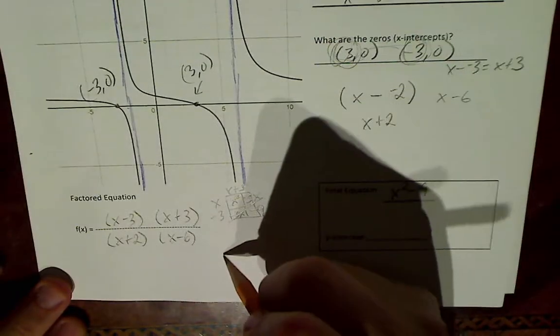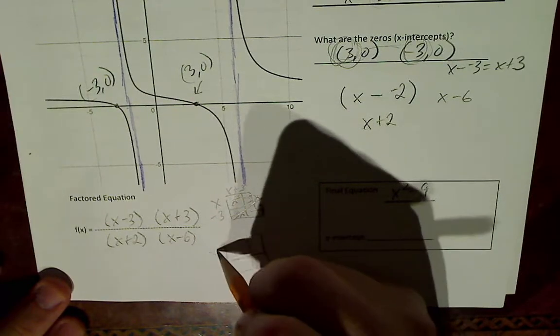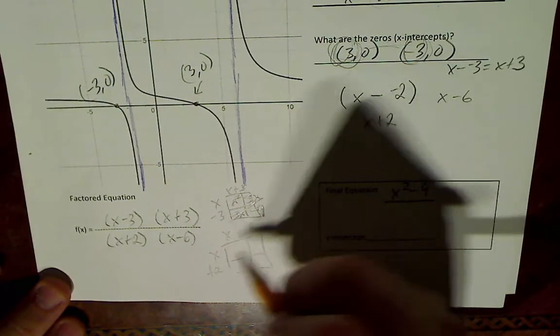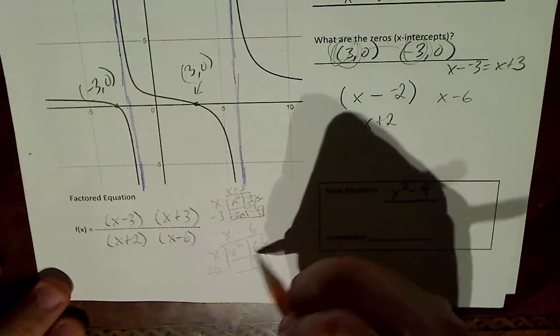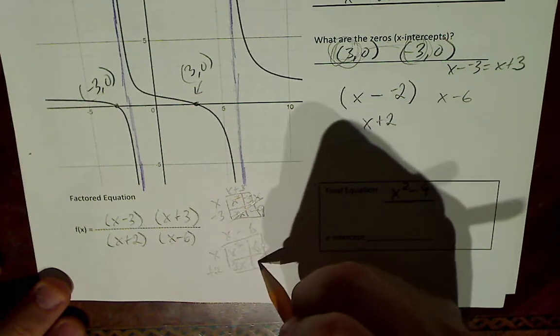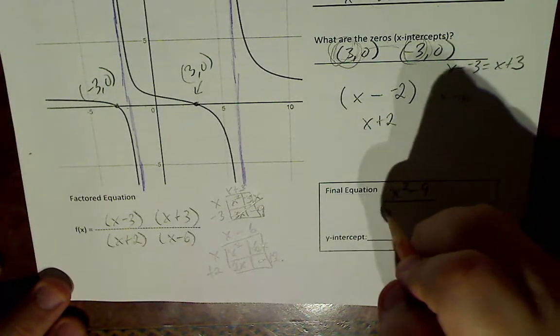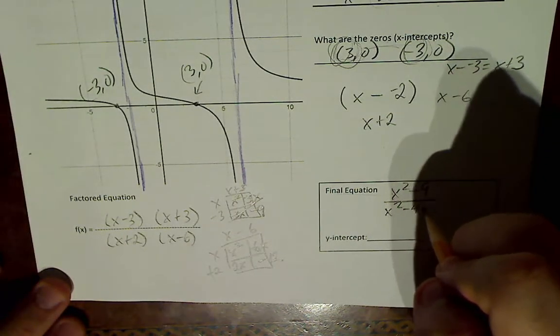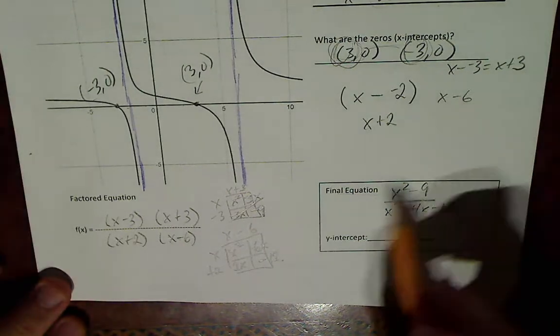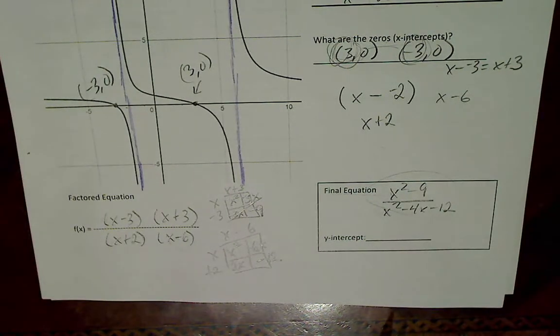And in the bottom, x plus 2 and x minus 6 is x squared minus 6x plus 2x minus 12. So I have x squared minus 4x minus 12. And there's my final form.